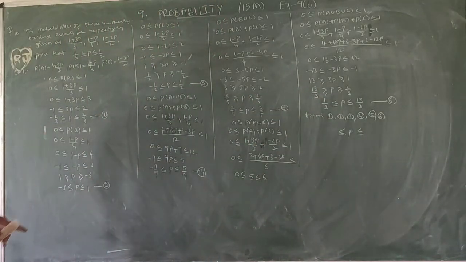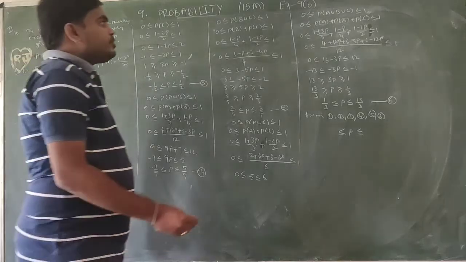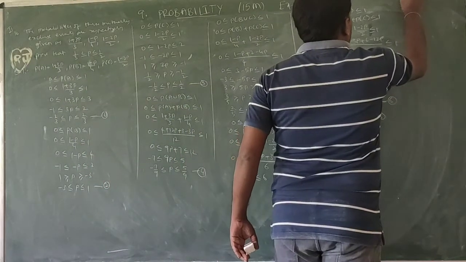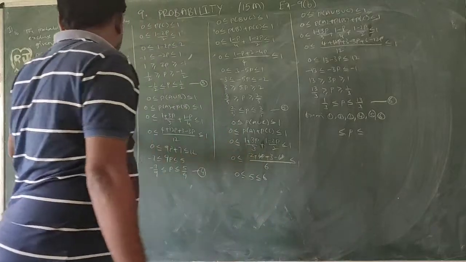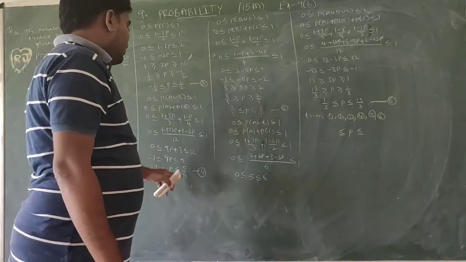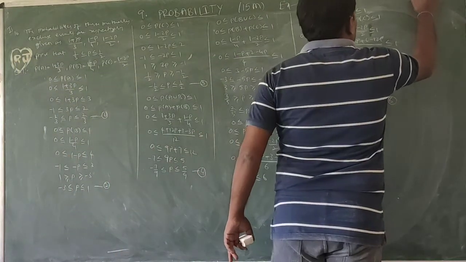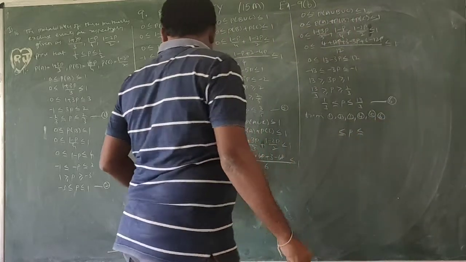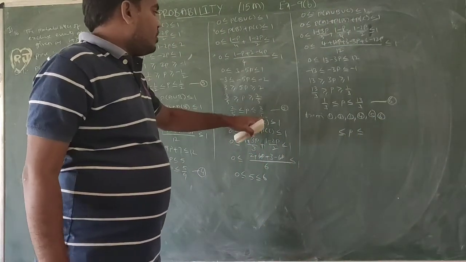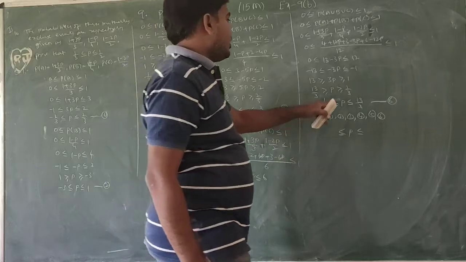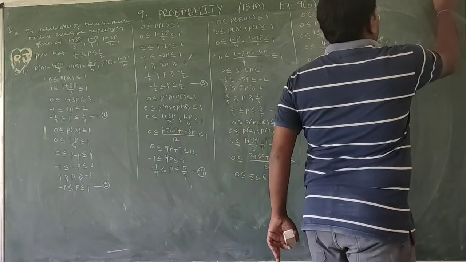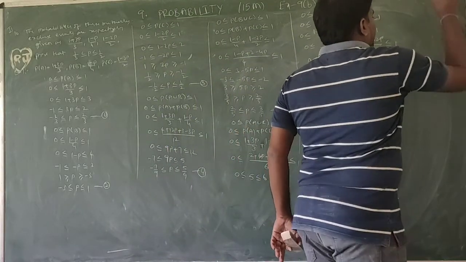What are the right sides? 2/3, 1/2, 5/9, 3/5 and 13/3.